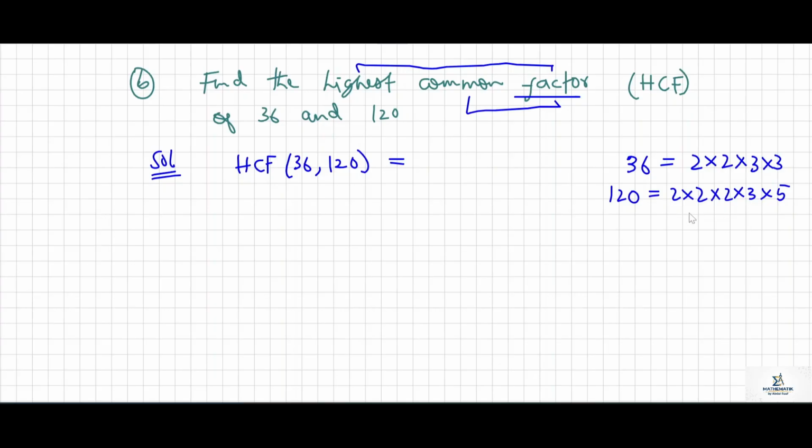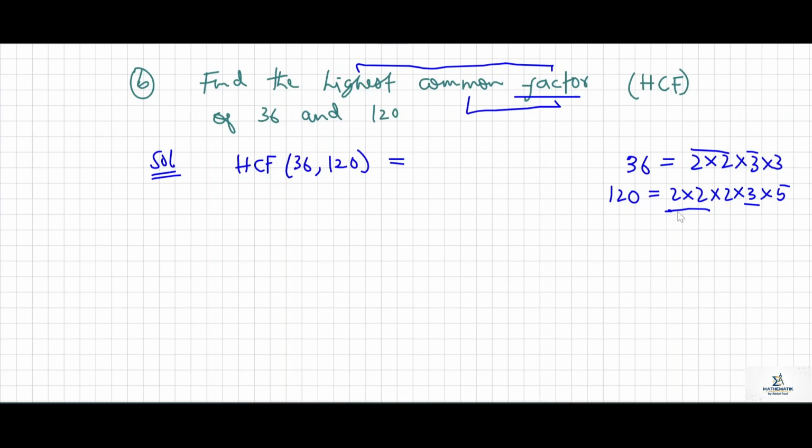Now the common numbers which you can choose: here 2, 2 and 3, and here also 2 and 3. So these are the common numbers.